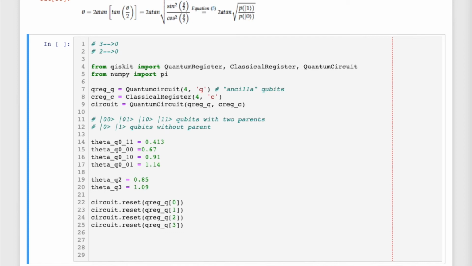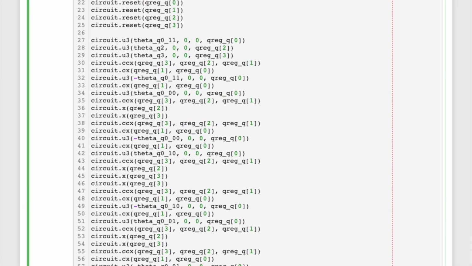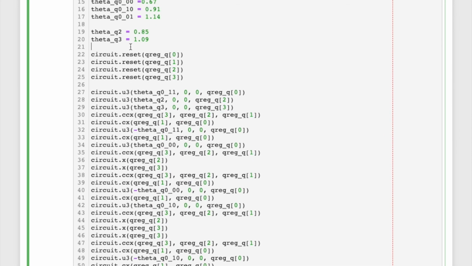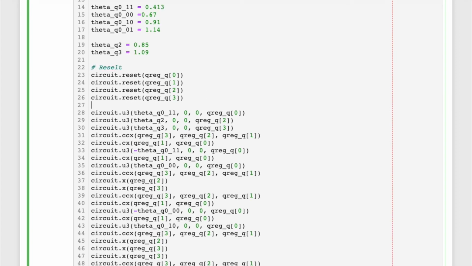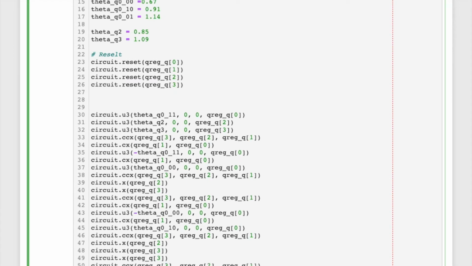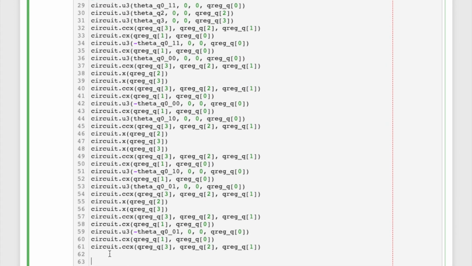Let me copy them and walk you through the rotations step by step. Of course, I prepared this before, and then we measure. So this is just the three parts of our circuit: reset and initialization, rotations, and measurement.